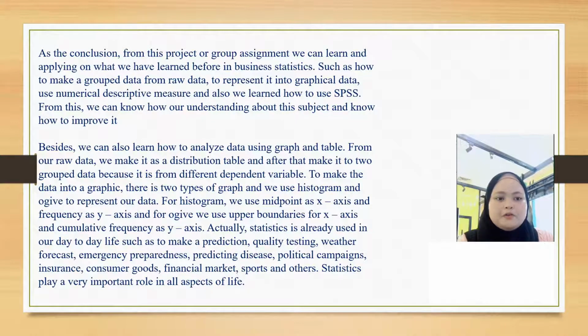Besides, we can also learn how to analyze data using graphs and tables. For all raw data, we make a dispersion, and after that make it two grouped data because it comes from different dependent variables. To make the data into a graph, there are two types of graph, histogram and GIF.